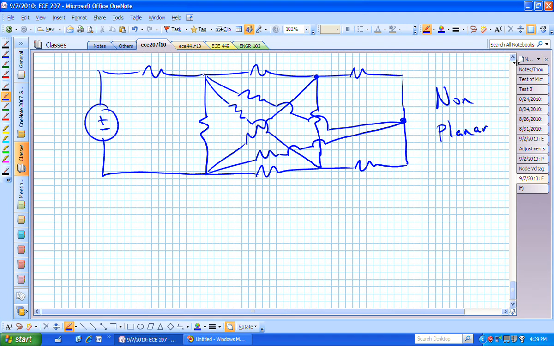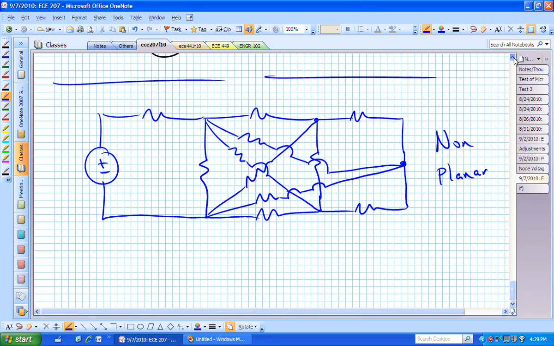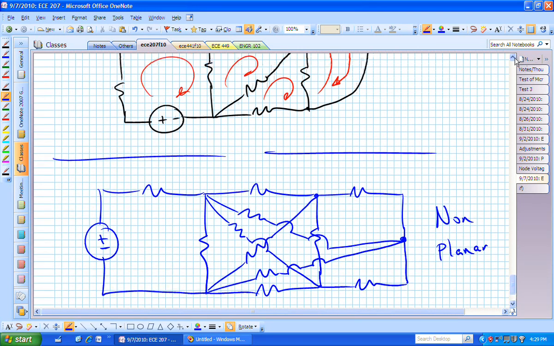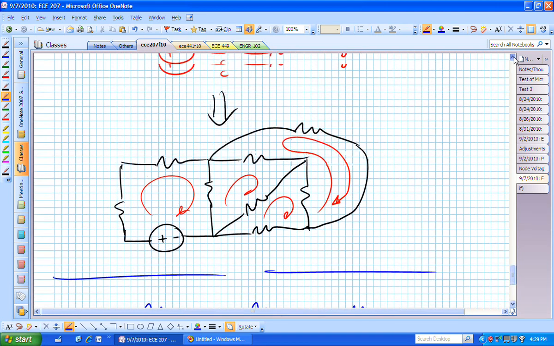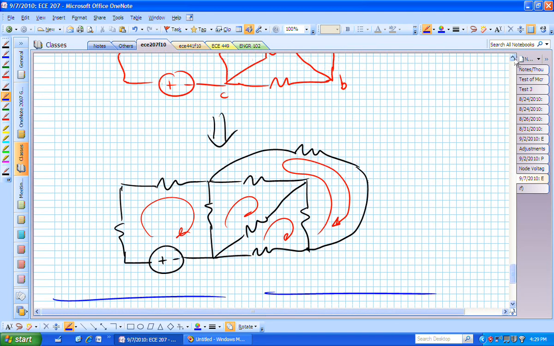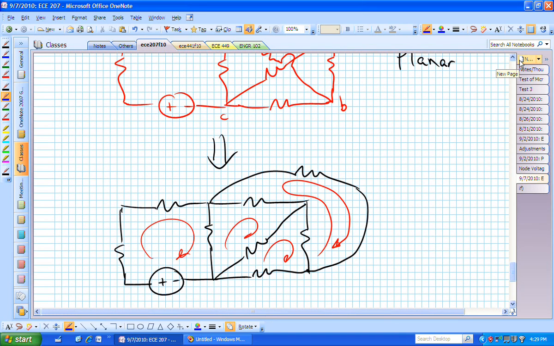Question? Pardon? The previous drawing. That one we could actually bend the wires around or lengthen those to make it such that we had all of these isolated little meshes or windows or window panes.